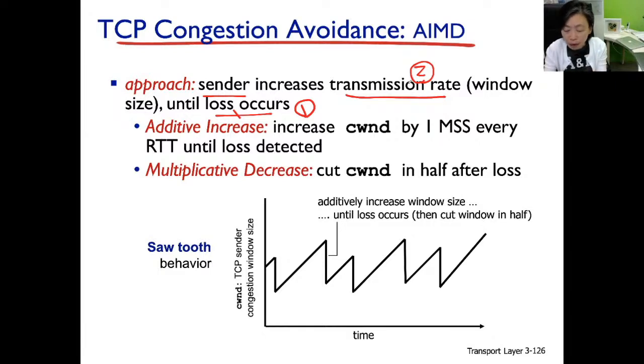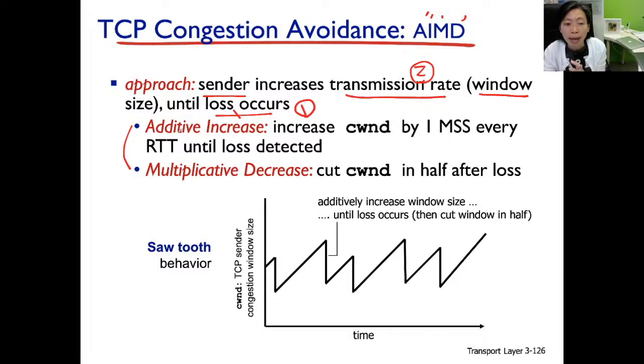Now, by sending rate here, I'm adjusting, in TCP, it's implemented by changing the sending window size. You see that the sending window size is a limit on the number of bytes we can send out within one round trip time. Therefore, increasing the sending window size is increasing the sending rate. All right, the exact process of doing the trying and failing is called additive increase, multiplicative decrease, or AIMD for short.